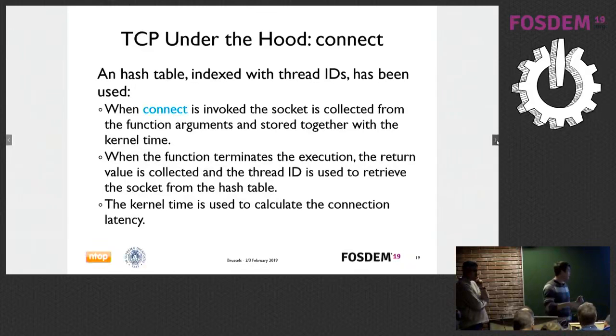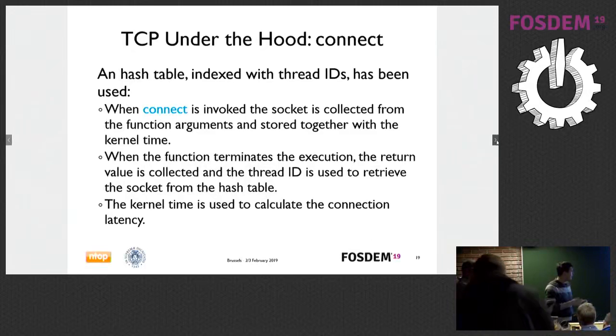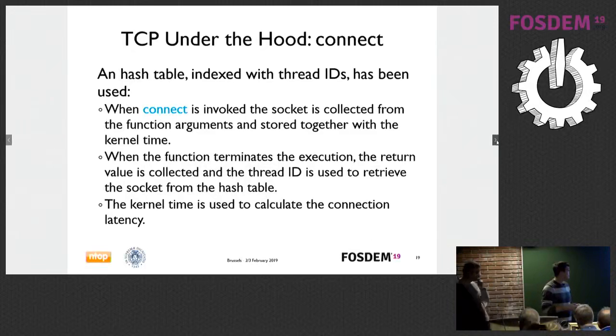Then the function is executed, the control returns to the function, and when the function returns the return code, our code is executed again. We check in the hash table where we put the socket, indexed by the thread identifier, get the socket and track network information beside the return code. And in this way, by also recording the kernel time, we were able to measure the latency of the connection.